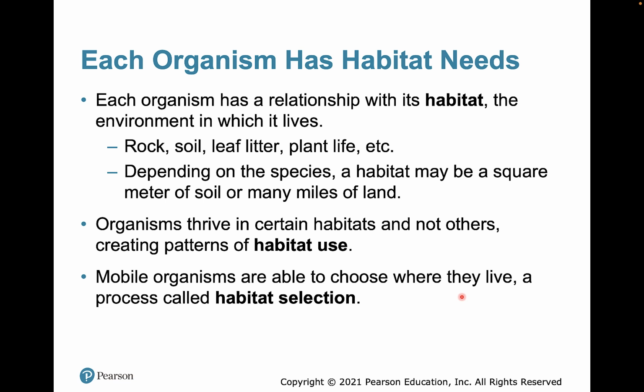How they use their habitat, Captain Obvious, is called habitat use. Certain things work better for some organisms than others, and how those systems and methods are used is habitat use. Some organisms are able to move and are mobile, so they can choose their habitat through habitat selection.